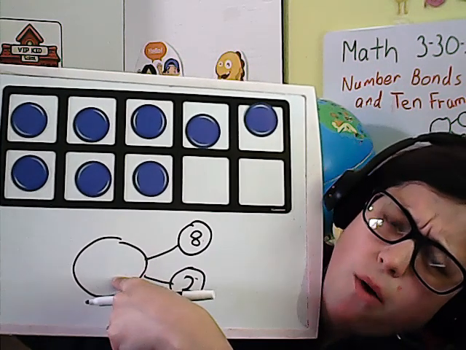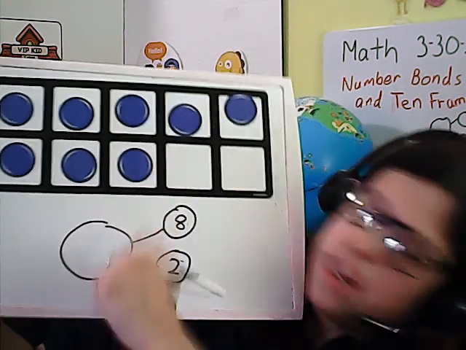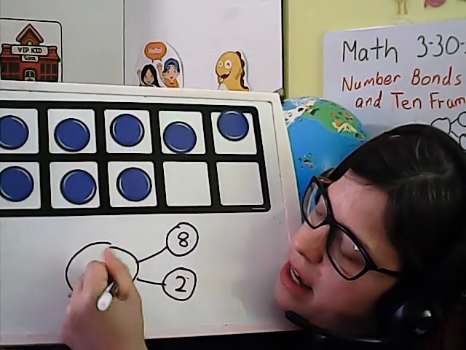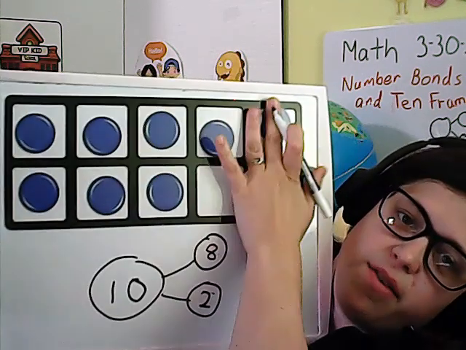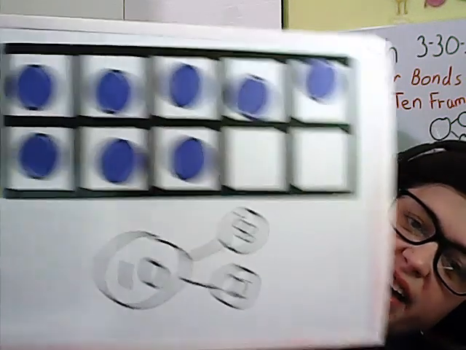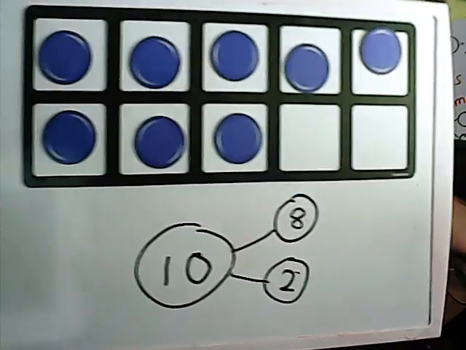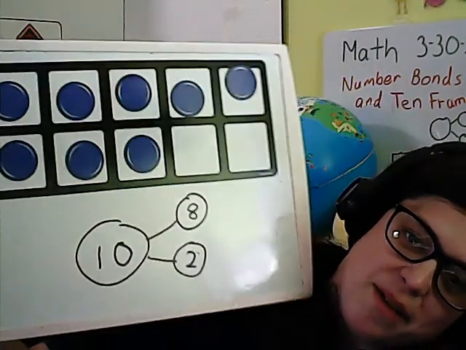What is my whole? That's right. It's 10 because I know there are 10 spaces in all in my 10 frame.